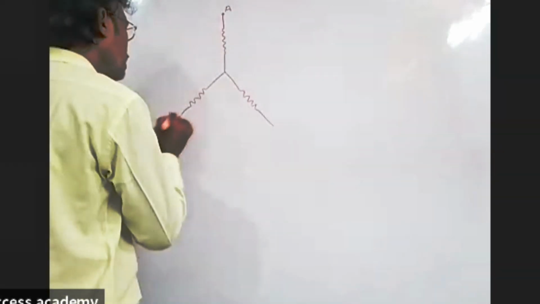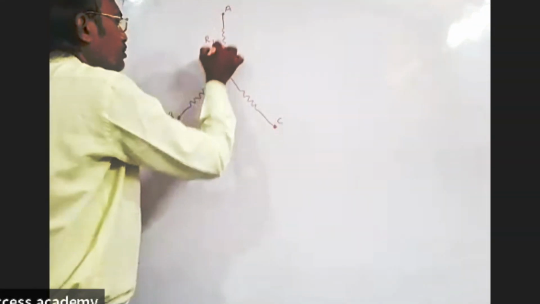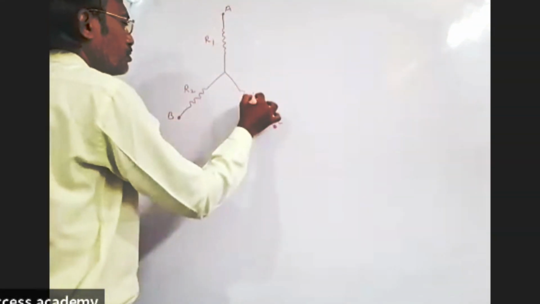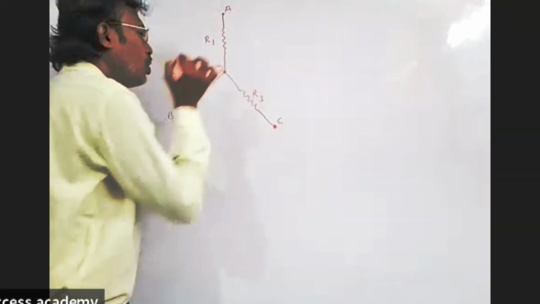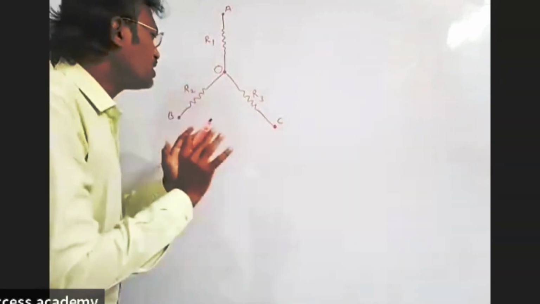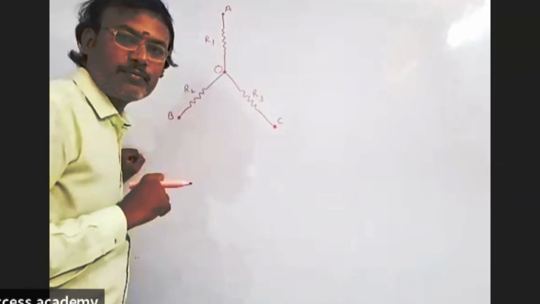This is B, and this is C. And the resistances are mentioned as R1, R2, and R3. This is the junction O. The question is, a circuit has a section A, B, C as shown in the figure. This is one small part in a circuit. Section means a small part.